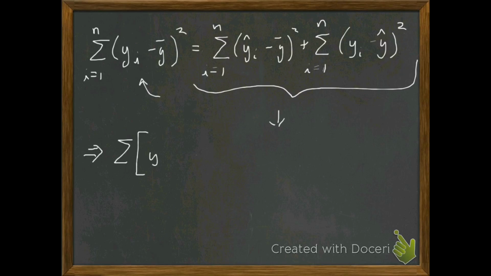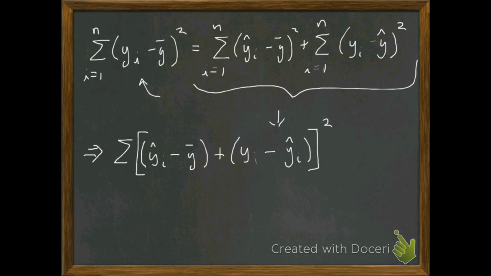So I can go y hat sub i minus y bar plus y sub i minus y hat sub i, quantity squared. Okay, haven't violated anything there.